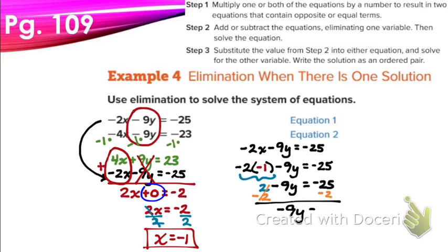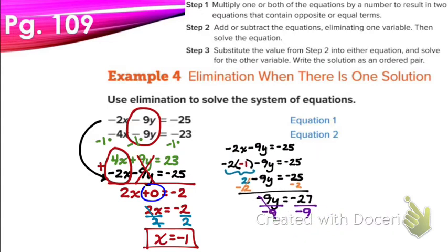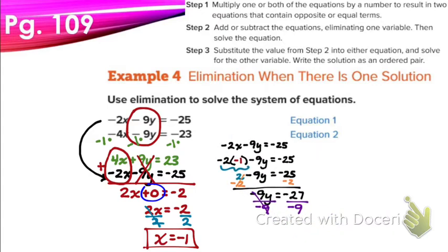Negative 27. Where to now? Divide both sides by negative 9. We get a positive 3. So y is equal to positive 3.